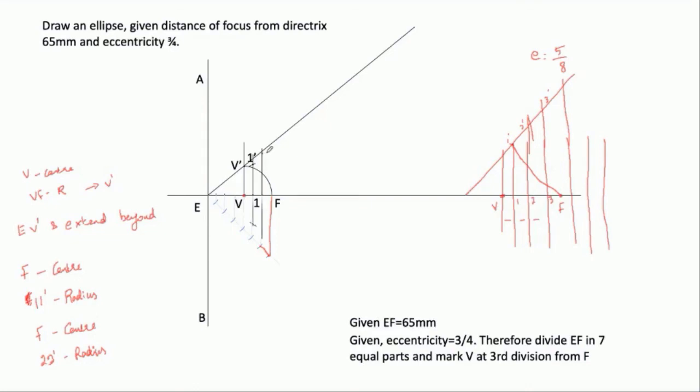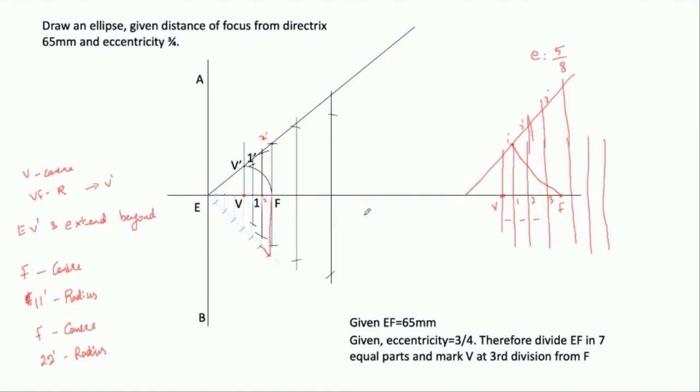Okay, so this is my 2 and 2 dash. So this is 2 dash and this is 2. So 2 and 2 dash as the radius, F as center, cut an arc. Similar to that, go for all the other things.